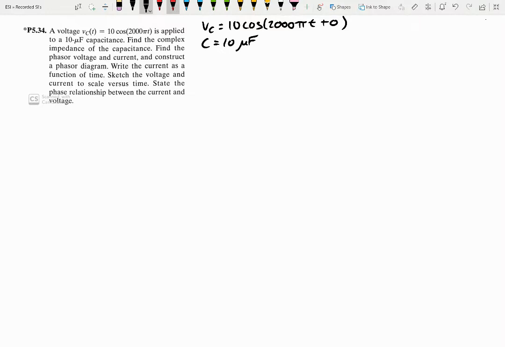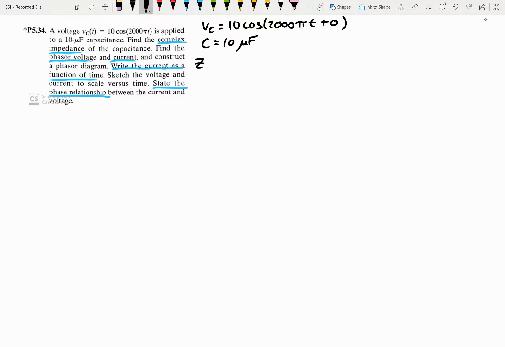And similar to the last problem, they want us to find the complex impedance, phasor voltage, and current, and then write the current as a function of time, and then state the phase relationship. Okay, so let's go and do that.